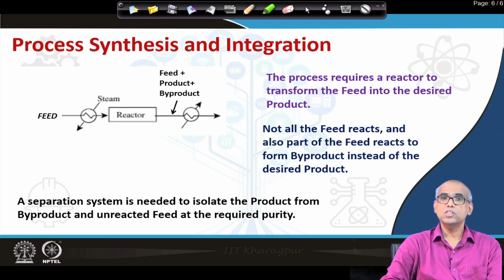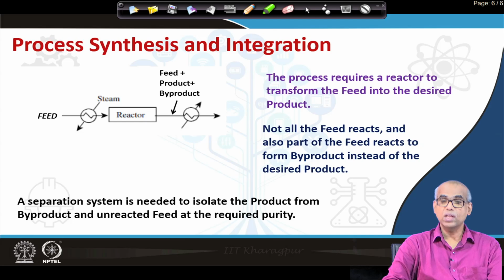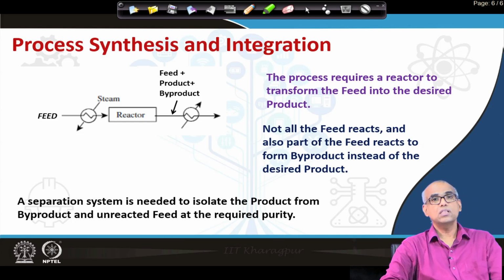Now, let us say the separator is able to separate the products from the feed and the byproduct. So, what do you do with this feed? This feed can be sent back to the reactor as a recycle stream. So, the separator and the recycle stream will follow the reactor. So, this is what we can logically conclude.